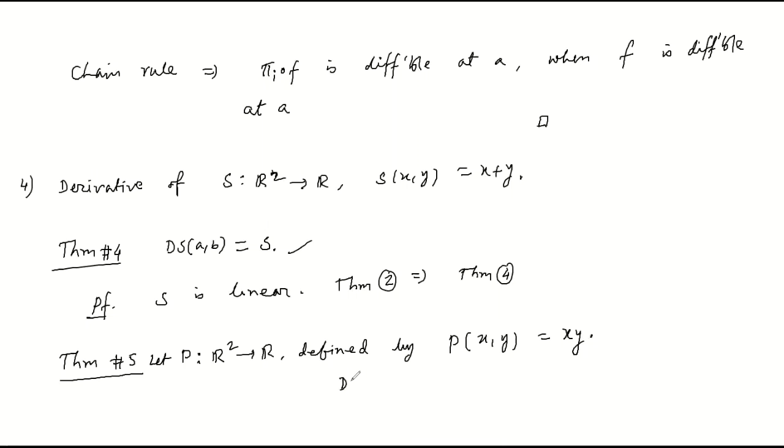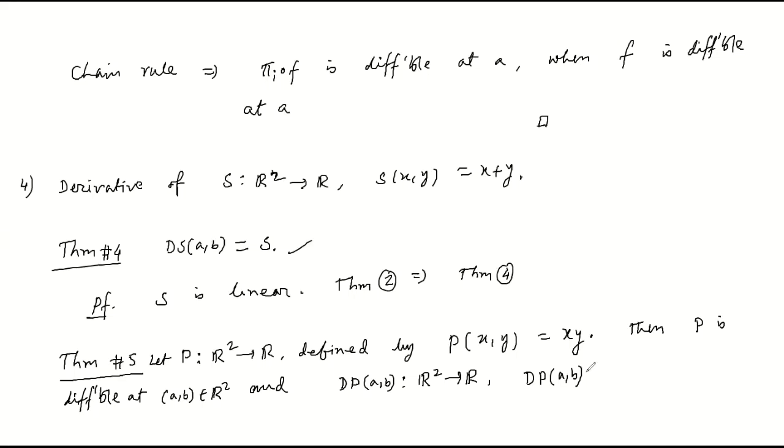Then P is differentiable at every (a, b) in R2, and the derivative of P at the point (a, b), which is a linear function from R2 to R, is given by dP at (a, b) acting on (x, y) equal to b times x plus a times y.